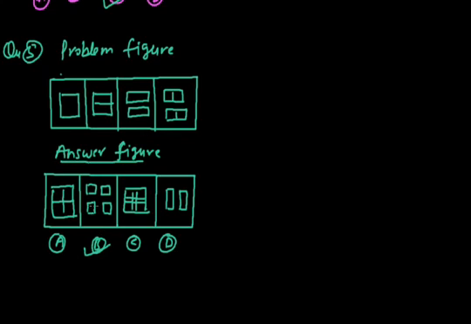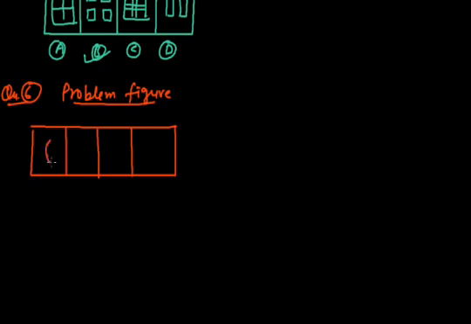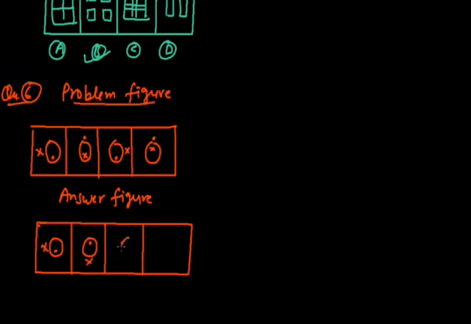Next question, question number 6. Here problem figure. Option A, B, C, D. Here we see in the problem figure first there is a dot and a cross.